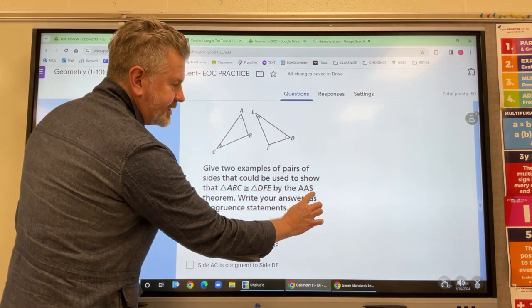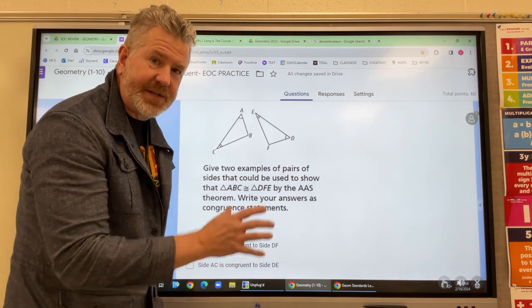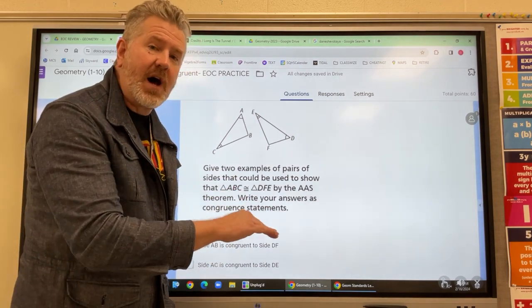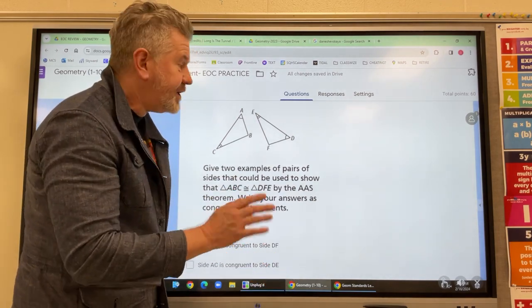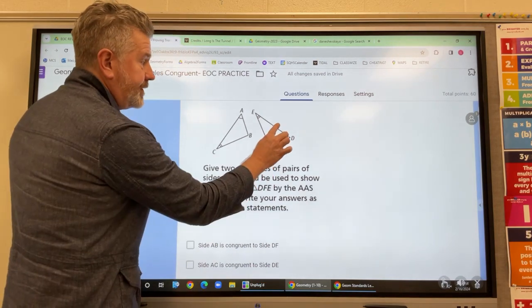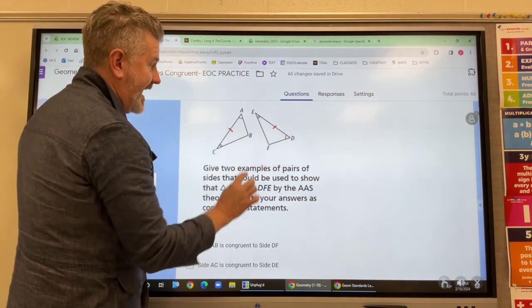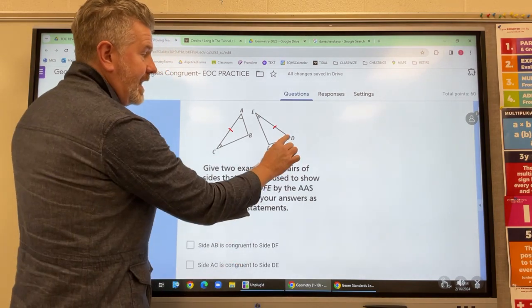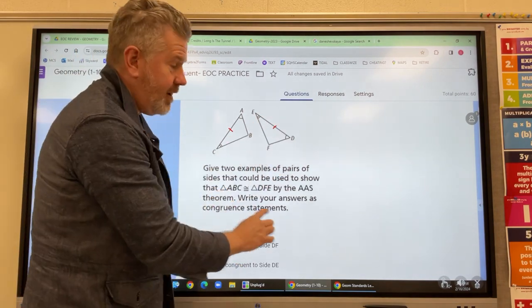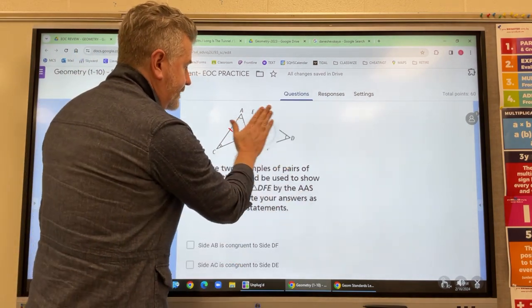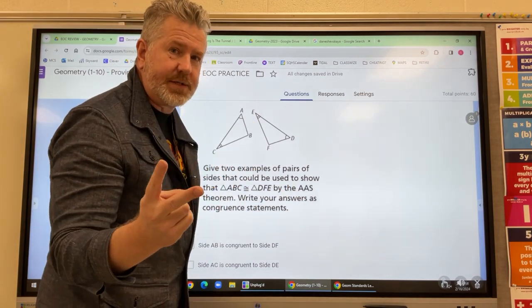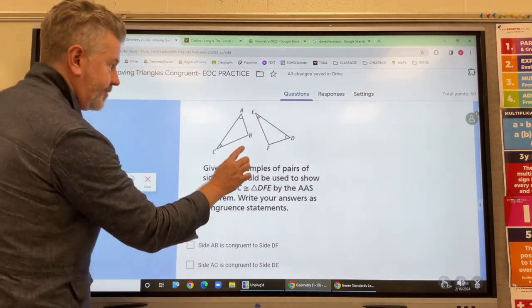Just like the S is not between the A's, the side we're looking for is not the one between the angles. So we do not want to talk about ED and AC. That would be angle, side, angle. But this is angle, side. So we're going to use either of the other 2 sides. That's why it's going to give us 2 different answers.